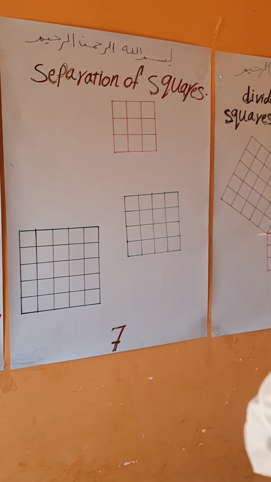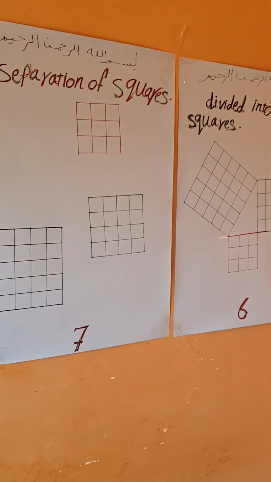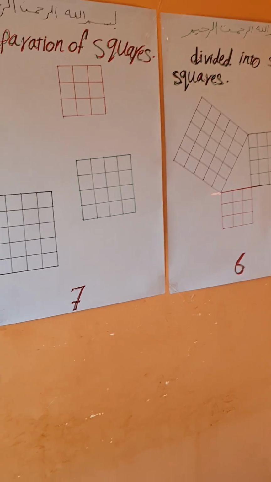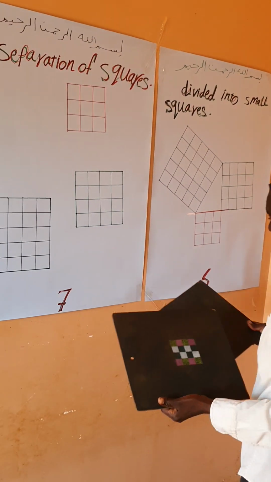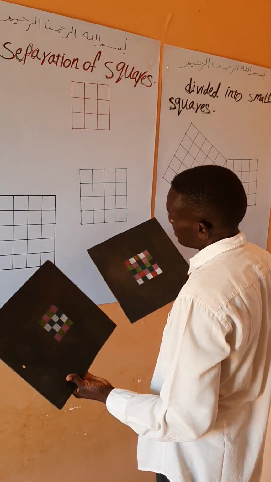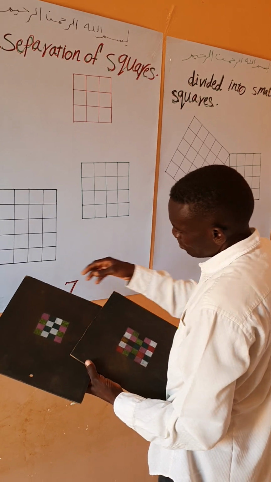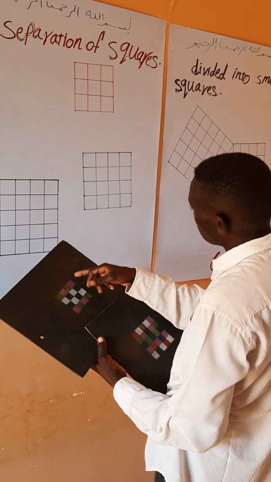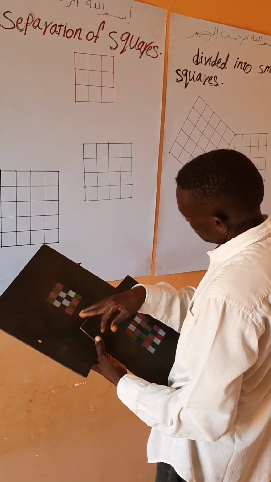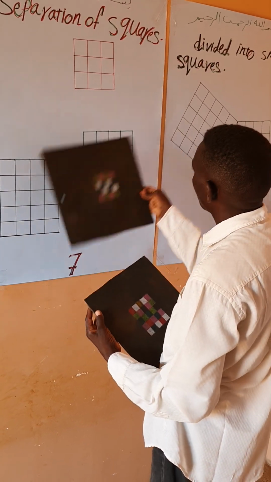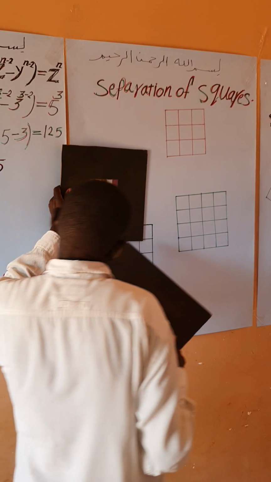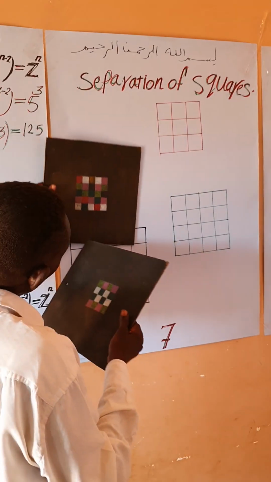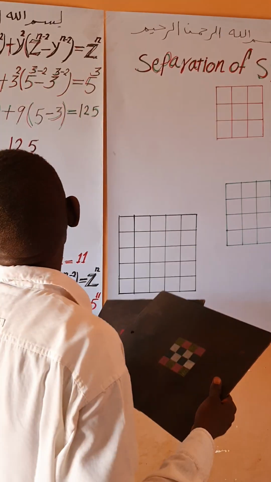Also, if we take 4 times 4 equals 16, like this, or 5 times 5 equals 25, like this.